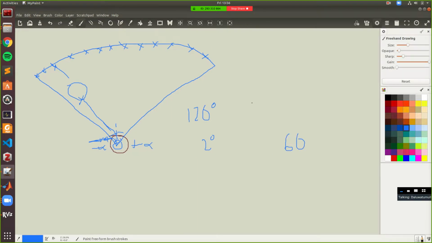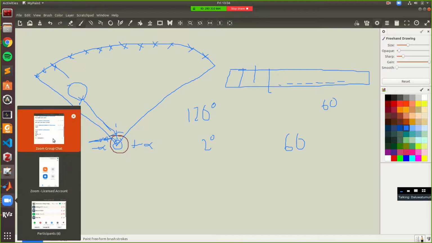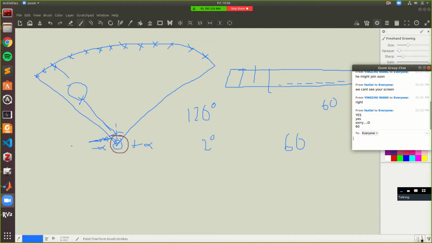So your laser data will be an array of 60 points, and each entry will give you the range corresponding to that point. Is that clear?